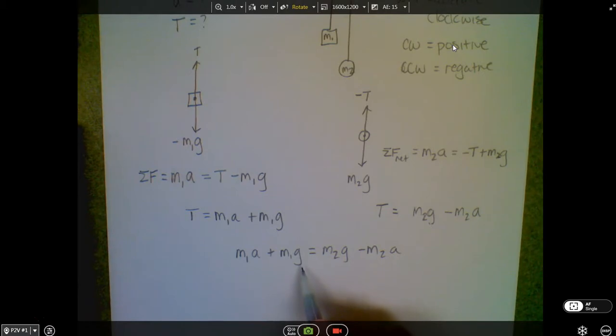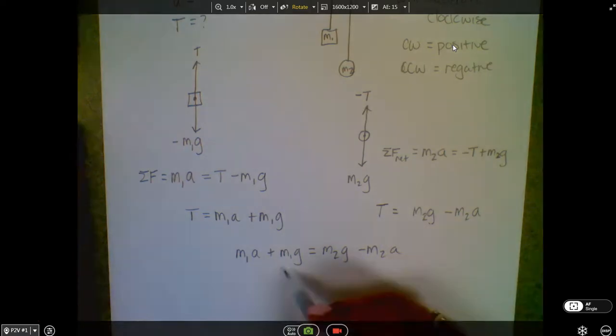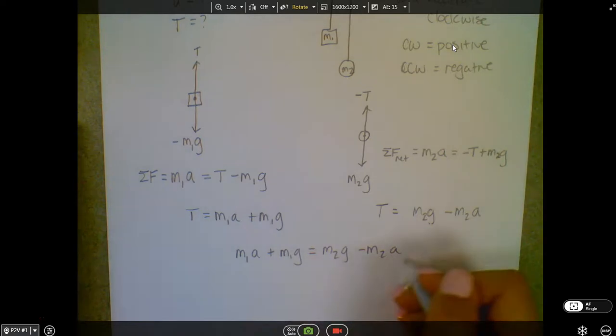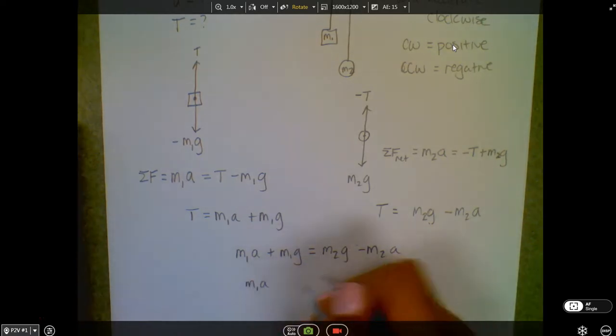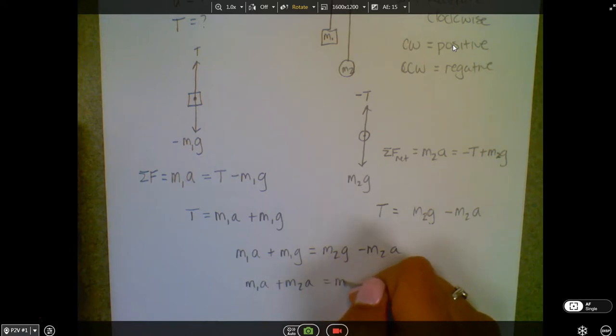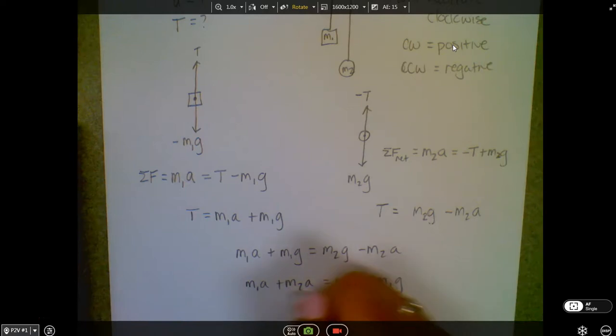Let's see. Well, what are we trying to solve for? A. So let's just isolate A then. So I would probably add this one to the other side. So I'd have M1A plus M2A equals M2G minus M1G. And then let's pull A out of this. So this is just getting tricky math.